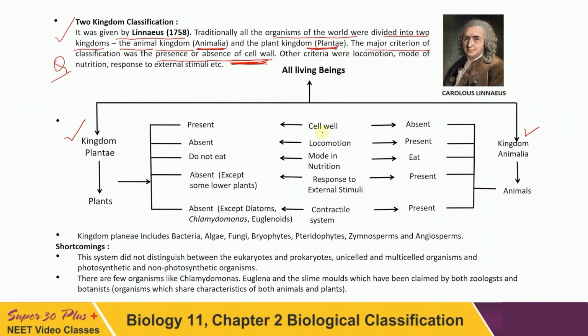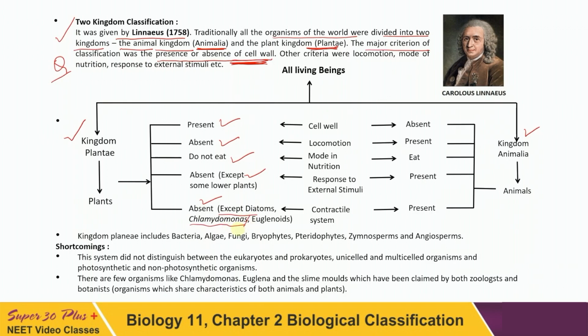These are the characteristics. Cell wall in plants present, locomotion absent. They do not eat solid food. The response either is absent or is of low degree, and the contractile system to throw out waste either is absent or it is present in some lower plants, which is a link in between plants and animals.